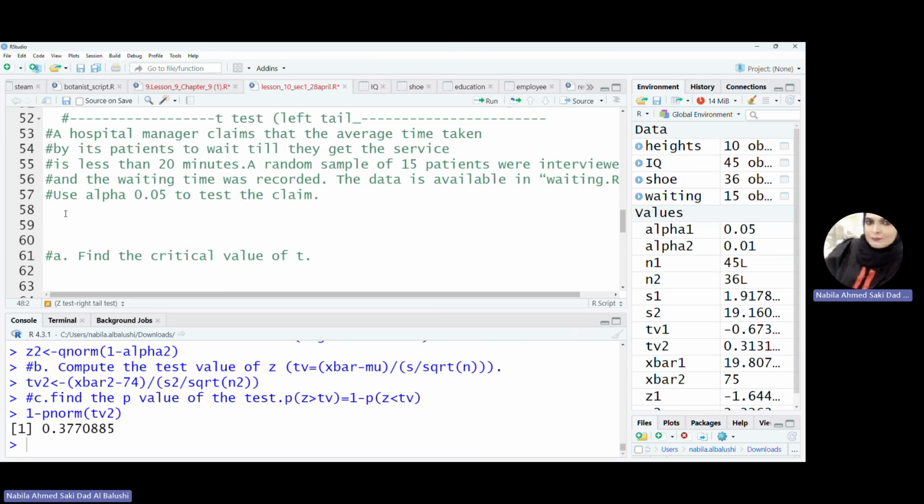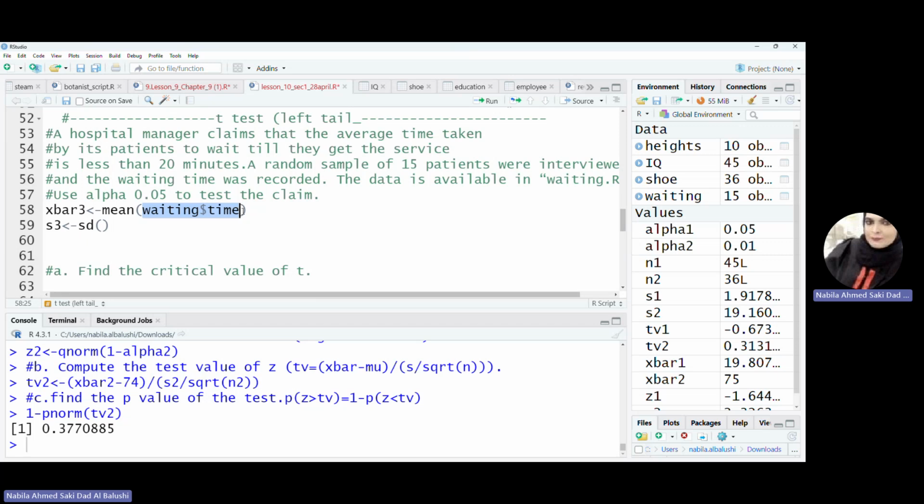Find the critical value. First of all, let's calculate the sample mean. Let's save it as x bar 3. So mean for the waiting dollar time. We have only one variable, so we have selected that variable. We want to find also S3. I will run all of them together. sd.